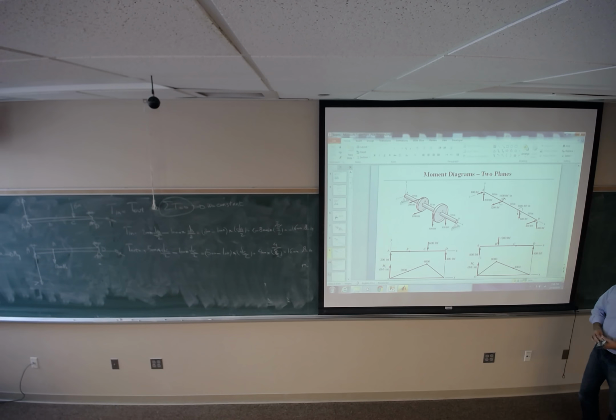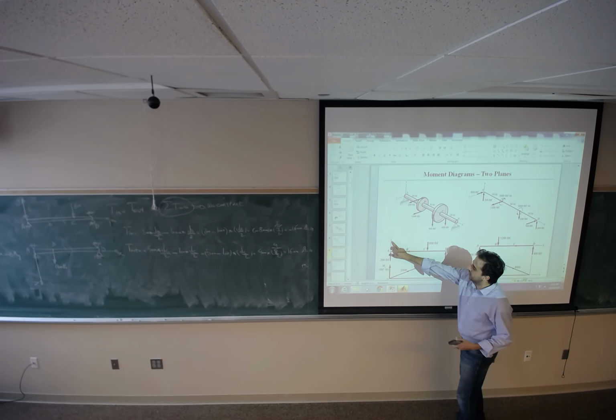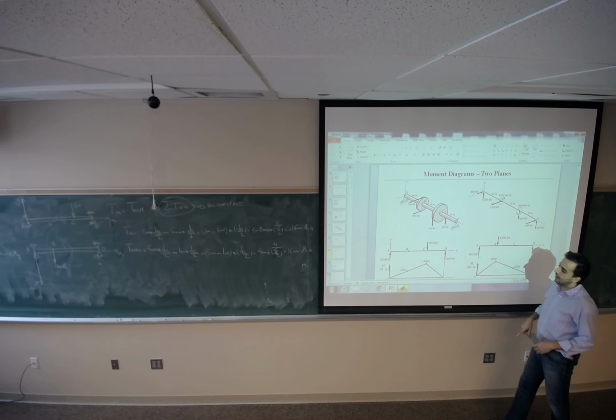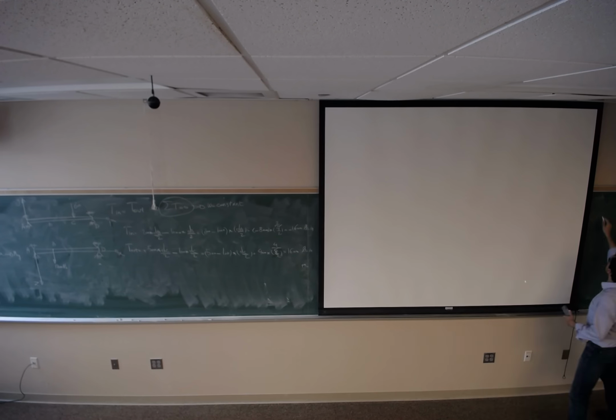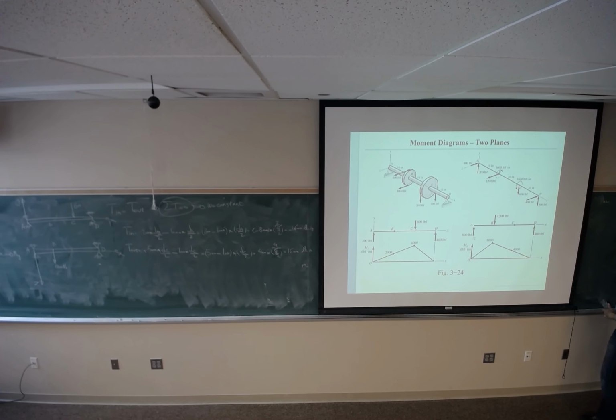So on plane X and Y, as you see, we have 600 pounds. And if I want to draw the bending moment diagram for that, we know how to do that.